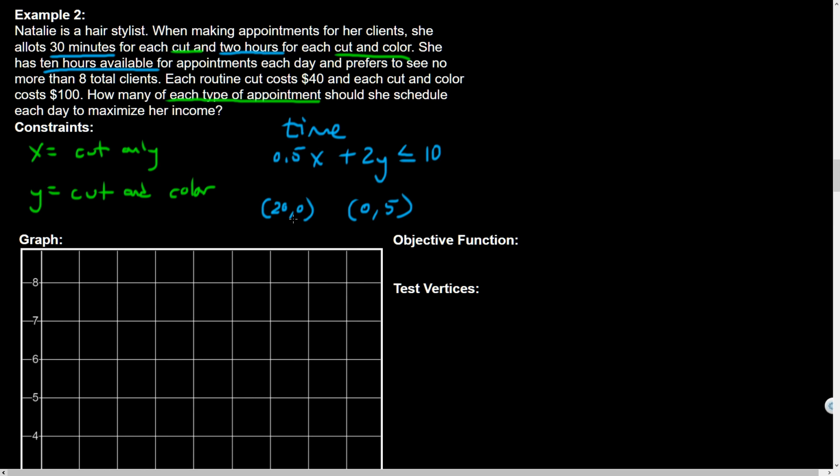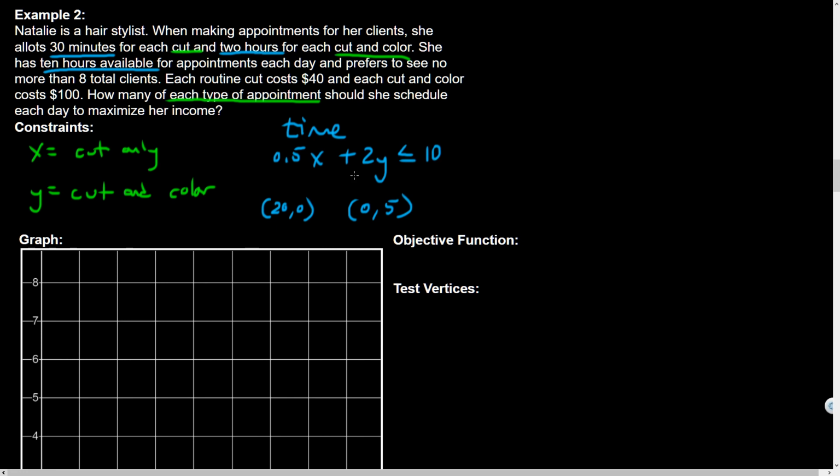All right. Wait a minute. Yeah, my graph is not helpful. It shouldn't have been related to time. Huh. Oh, you know what? It probably ends up not going over that far. That's okay. We'll fix it later.